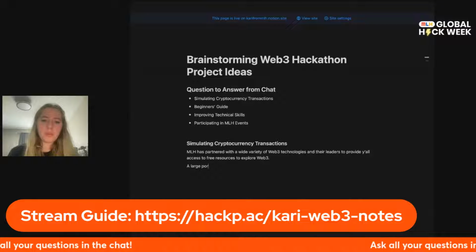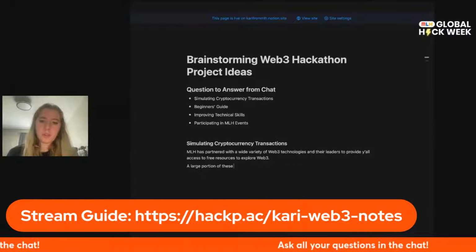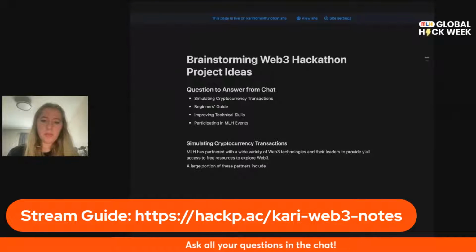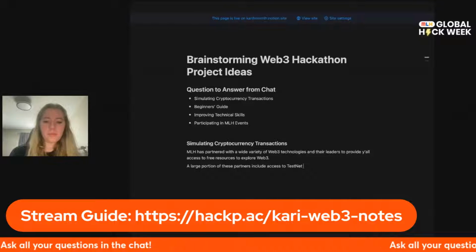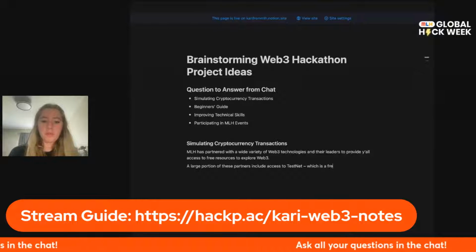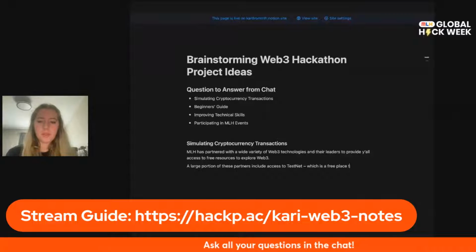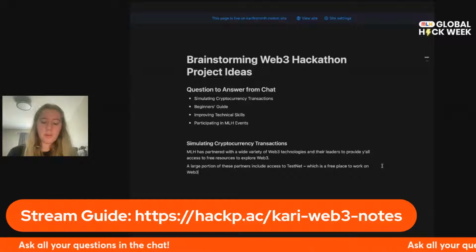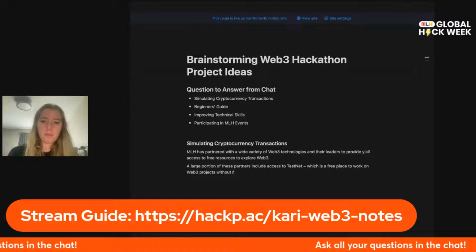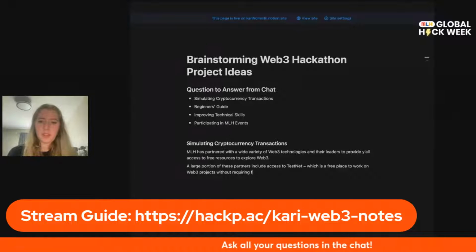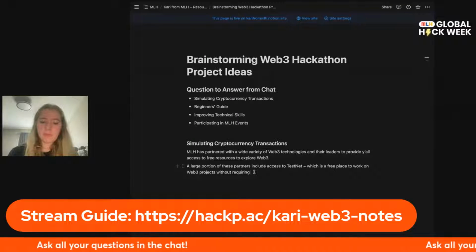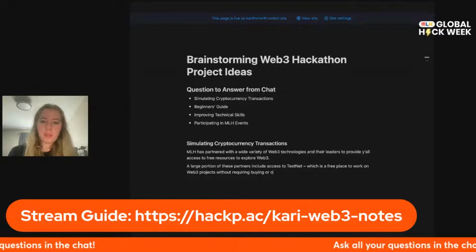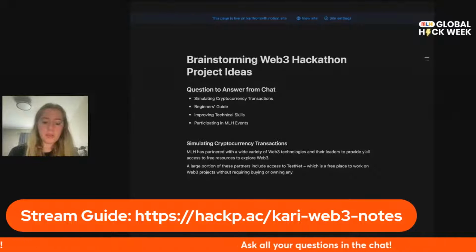A large portion of these partners include access to testnet, which is a free place to work on Web3 projects without requiring financials, buying or owning any cryptocurrency.